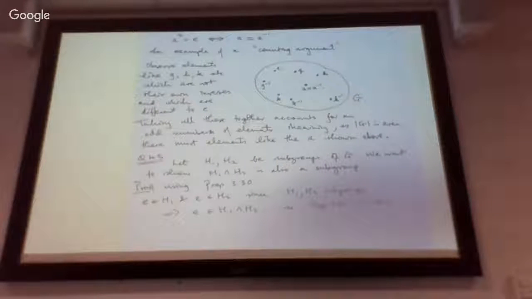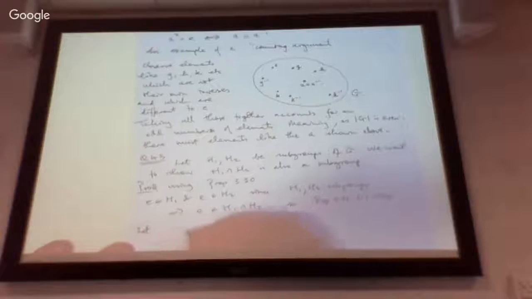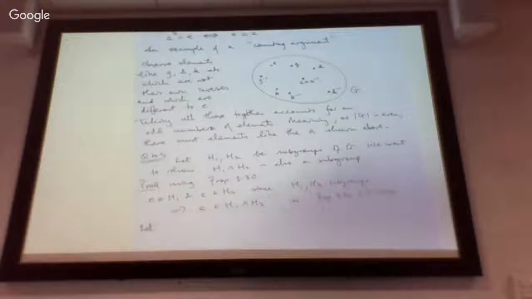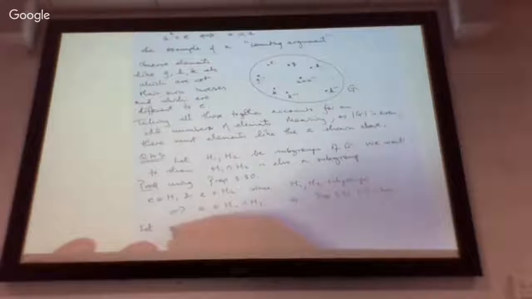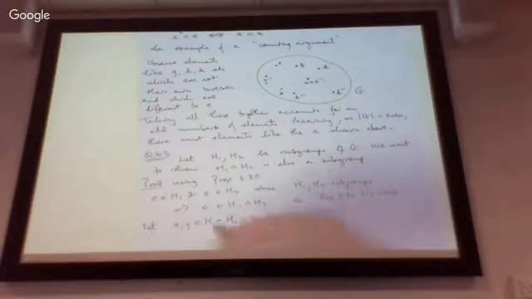Part 2 was the closure. So to prove closure, I won't call them little h1 and little h2 as they are in the statement of the proposition, because that might confuse them with large H1 and large H2. But I'll consider a little x and a little y to be in H. Sorry, I haven't said that H is the intersection. Just consider them to be in the intersection.